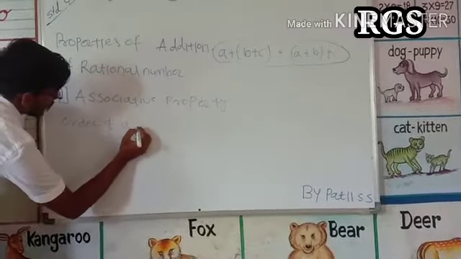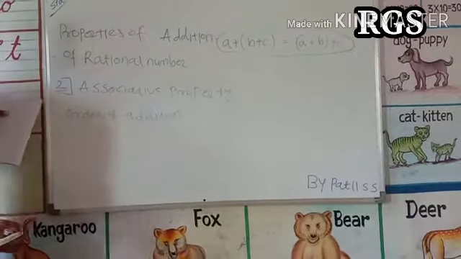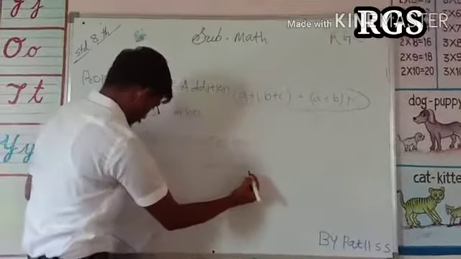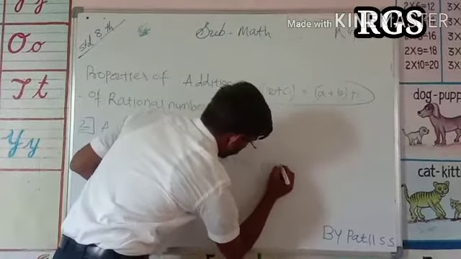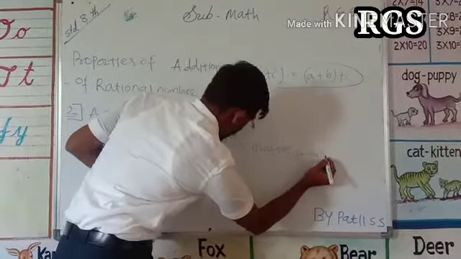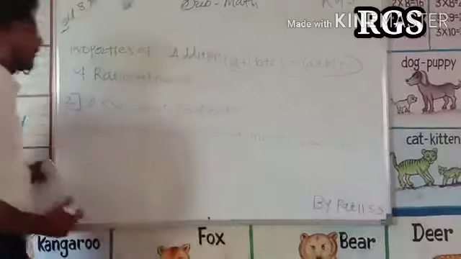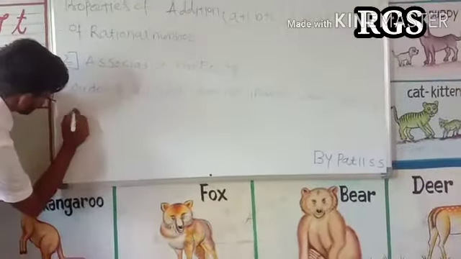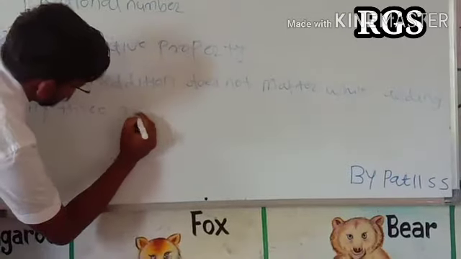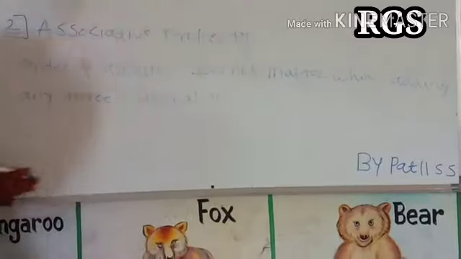Order of addition does not matter while adding any three rational numbers. What does this property say?